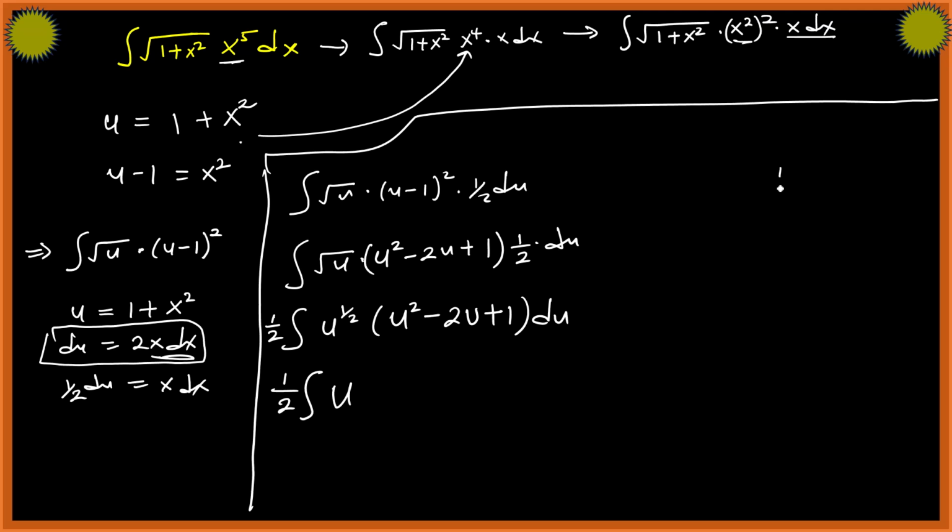So 1 over 2 plus 2 is 5 on 2. So minus u raised to half times this.